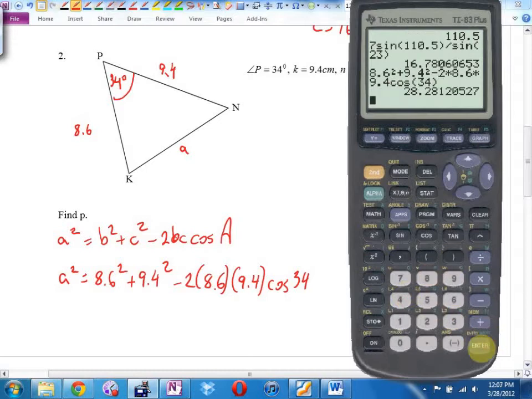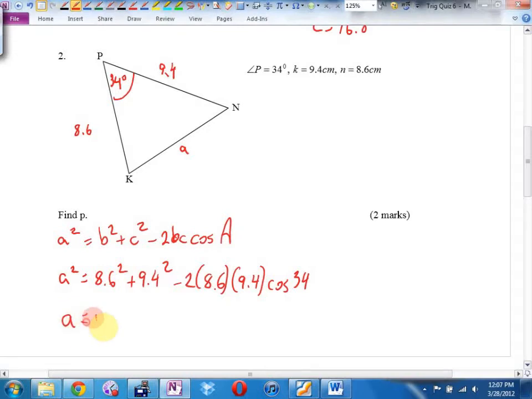And the answer is 28 point... Oh, no. What did I almost forget to do? Yeah, don't forget the square root. A equals the square root of 28.28.